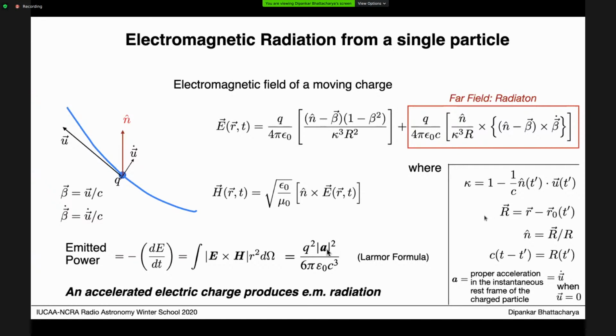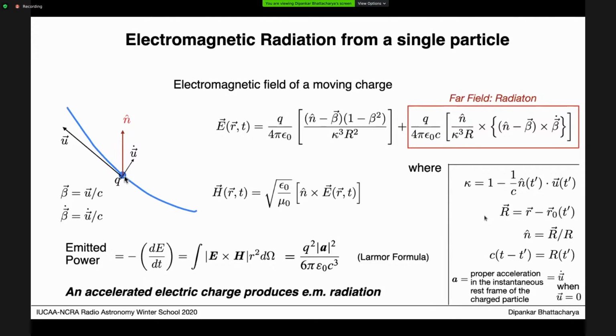Now, in this formula, this quantity A is the acceleration defined in the frame where the charge is at rest at that instant. So this is called proper acceleration. So this is evaluated in the instantaneous rest frame of the charged particle. So in this example, if we go to a frame which is at this point of time moving at a speed u in this direction, then the charged particle will be at rest in that frame.